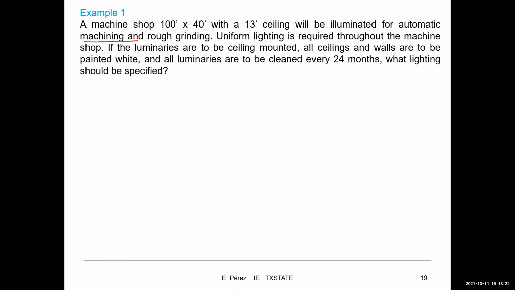So this is telling us about the type of facility that we're going to be working on. Uniform lighting is required throughout the machine shop. If the luminaries are to be ceiling mounted, all ceiling and walls are to be painted white, and all luminaries are to be cleaned every 24 months. So the question is, what lighting should be specified for this facility?